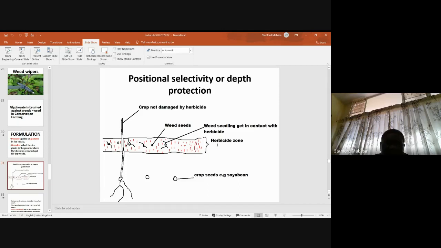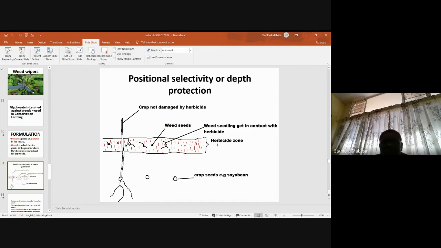In the depth where we plant our crop, there won't be a herbicide. So a crop like soybean can actually survive. One of the herbicides which is used in soybean is known as metribuzin, and its selectivity is brought about by depth protection because metribuzin is not very soluble in water.